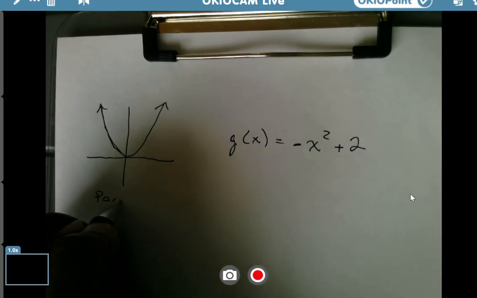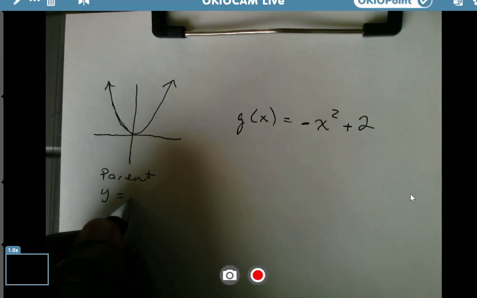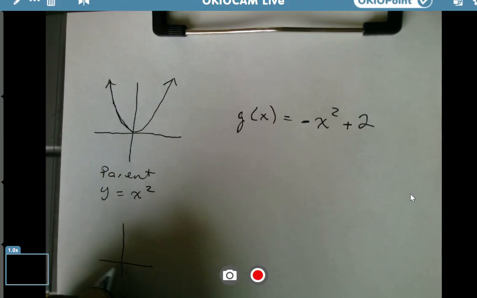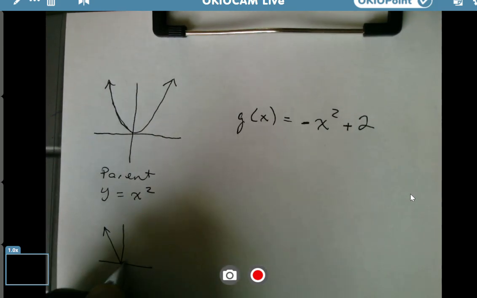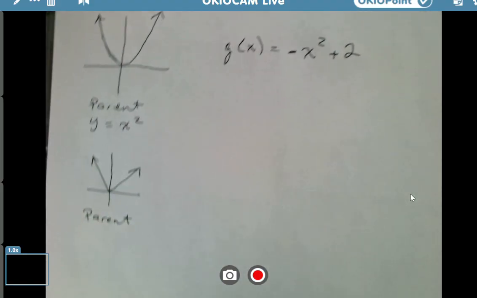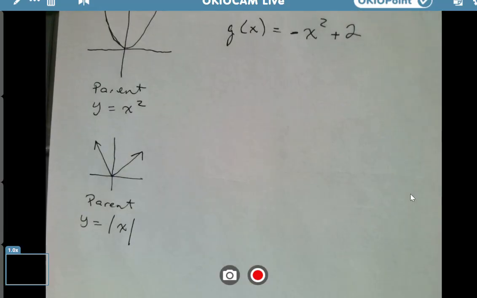This is the parent, and you should know that the parent function is written as y equals x squared for a quadratic. Had it been an absolute value, I'd expect you to know, okay, this is an absolute value function, and the parent for an absolute value function is y equals the absolute value of x. Okay, now what do we do with that information?